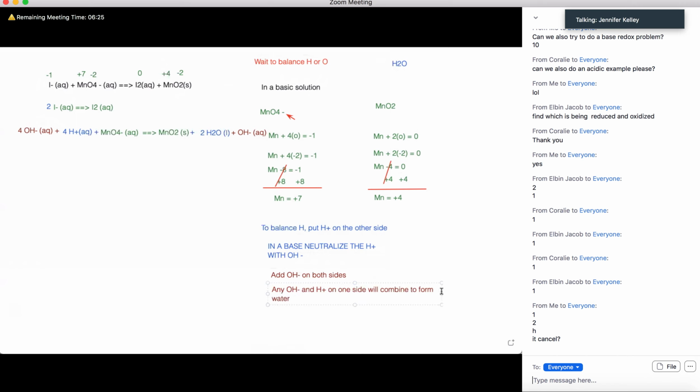Right? They're going to combine to form water, because that's what would happen. The H plus would be attracted to the OH minus, right? And those would just come together and make water. Right? So we're going to do that.